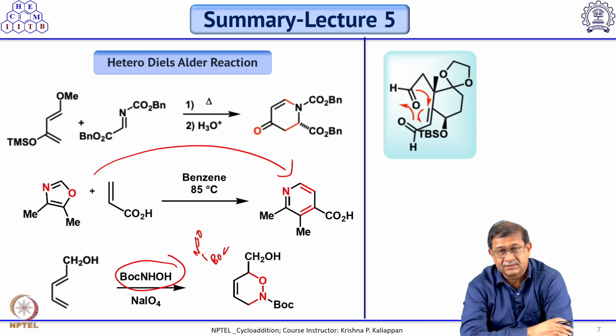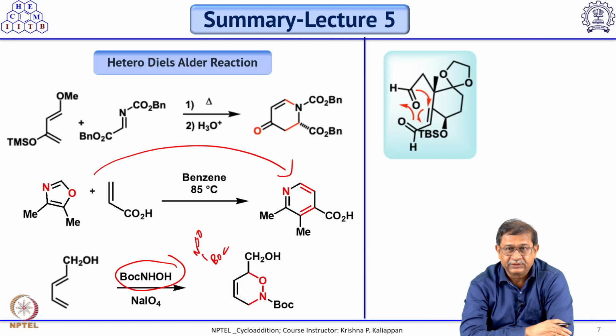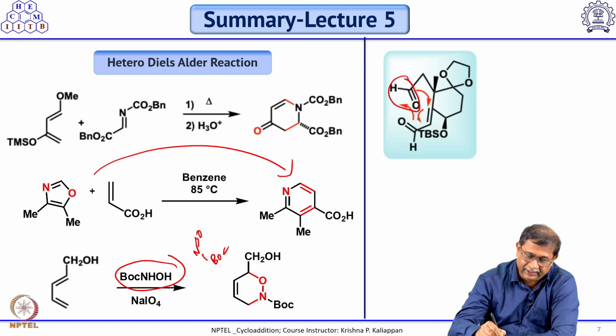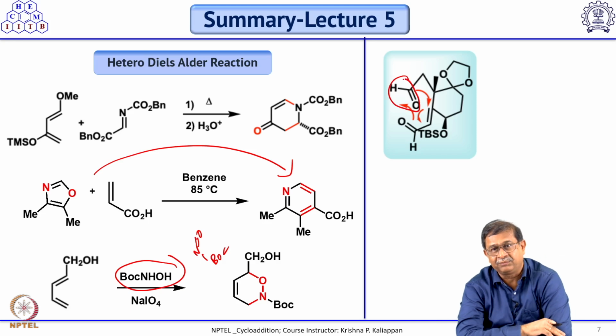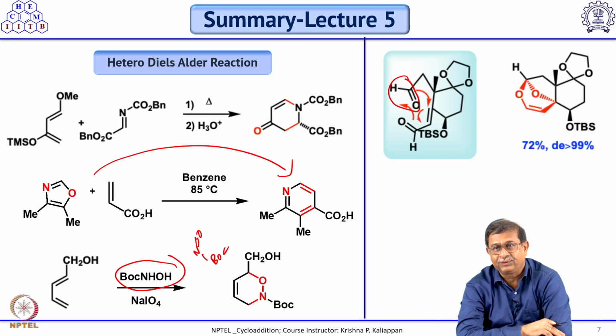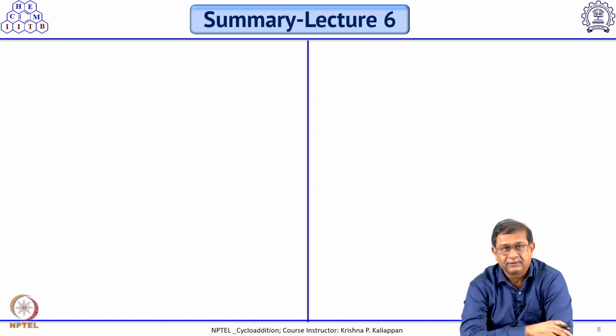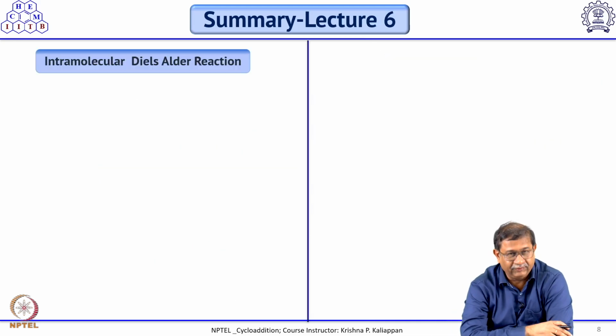And in some cases we also discussed where ozonolysis or osmium tetroxide cleavage of diol gives this aldehyde which undergoes an intramolecular 4+2 hetero-Diels-Alder reaction to give this tricyclic compound.